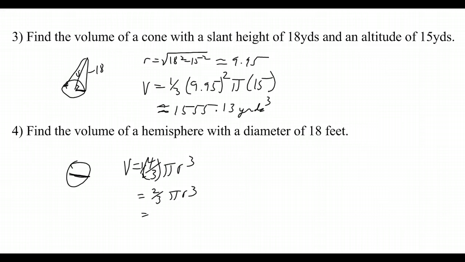That's half of 4/3 pi r cubed, so that is 2/3 times pi. The diameter is 18, so the radius is 9, and so that comes out to be approximately 1526.8, and that will be cubic feet.